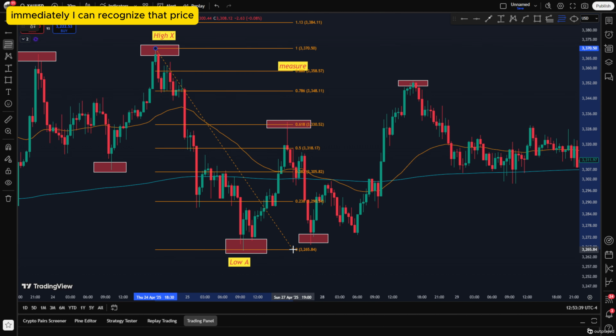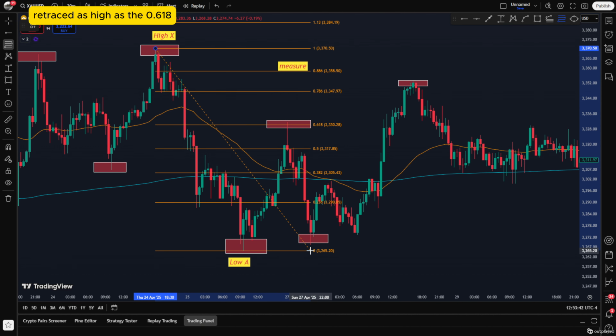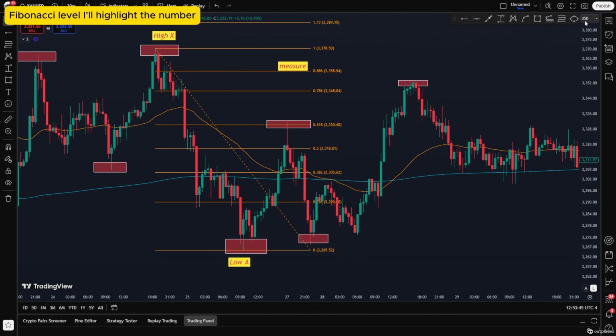Immediately, I can recognize that price retraced as high as the 0.618 Fibonacci level. I'll highlight the number. This retracement gives us anchor point B.